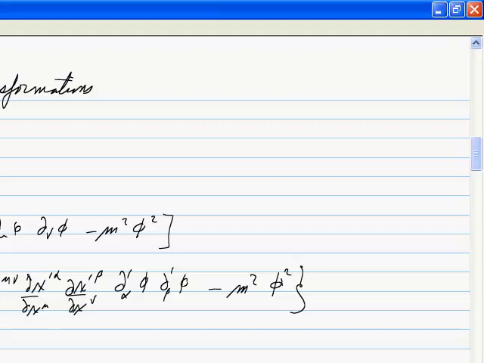Okay, so I've made the transformation there, and now I've got it written in terms of primed variables.